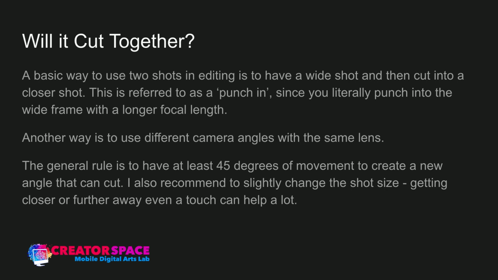And that's the idea here, is that if you have about 45 degrees of an angle, that allows the different angle to cut together. And also combine that with a change of the shot size, getting closer, further away, plus a degree of movement in the camera angle, those two combined will create a spectacular combination of two shots that will cut together really well.